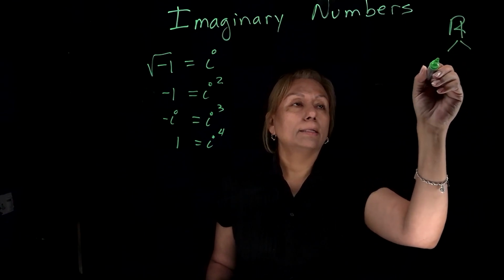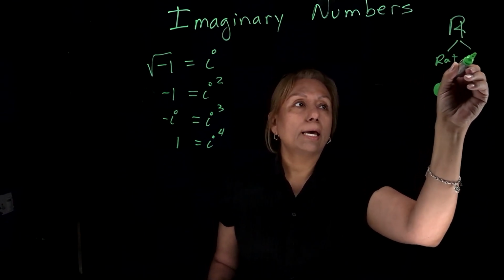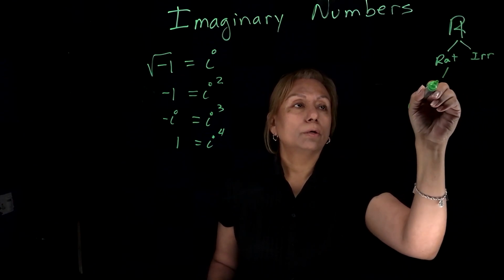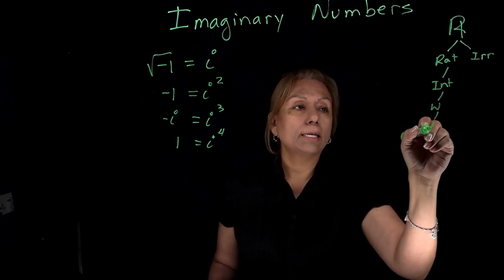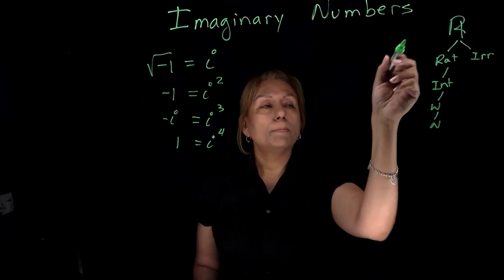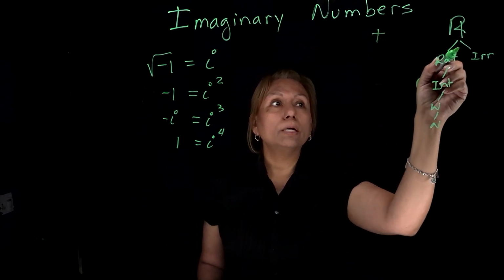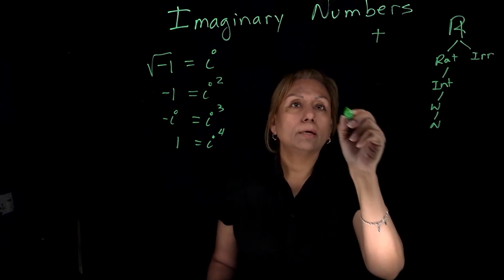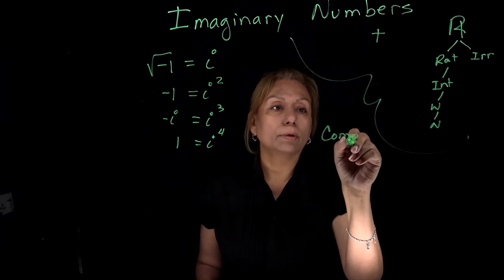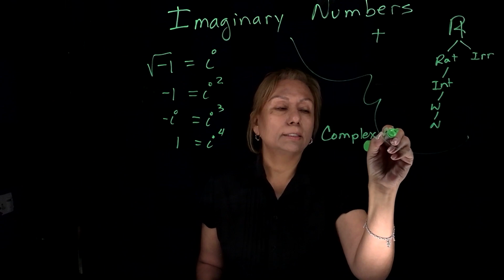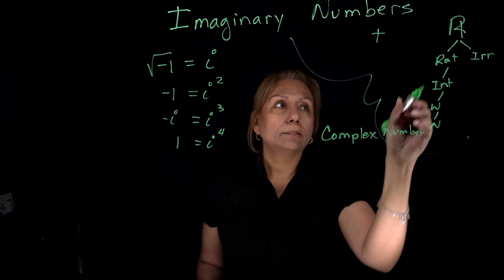And we had rationals, we had irrational numbers, we had integers, we had whole numbers, we had natural numbers. When we put the imaginary numbers and the real numbers together, we get what we call a complex number. So a complex number has the real part.